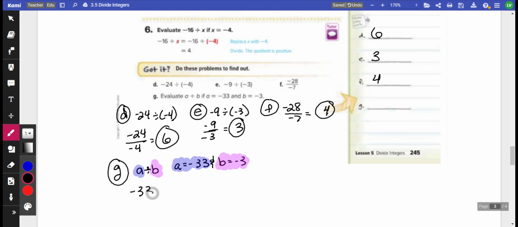So negative 33 divided by negative 3. You can just write it horizontally and solve it that way. I just like to see it vertically. So 33 divided by 3 is 11. A negative divided by a negative is a positive. So my answer is 11.